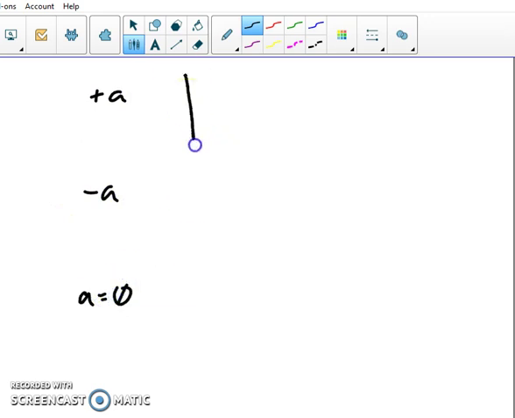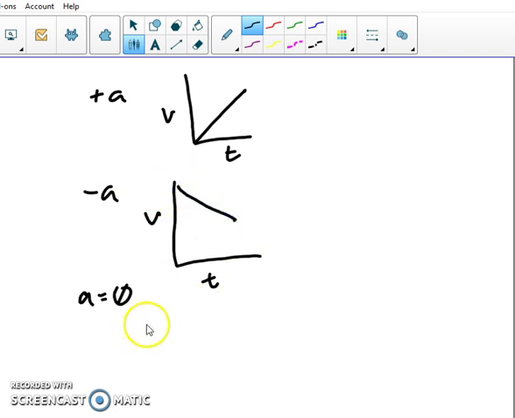So we already said that the slopes are going to be positive for a velocity versus time graph, and a negative slope, and then we said if it's flat, again, for velocity versus time graphs.